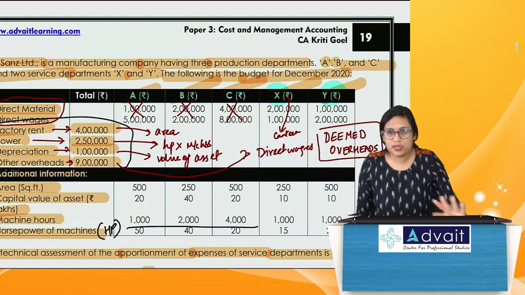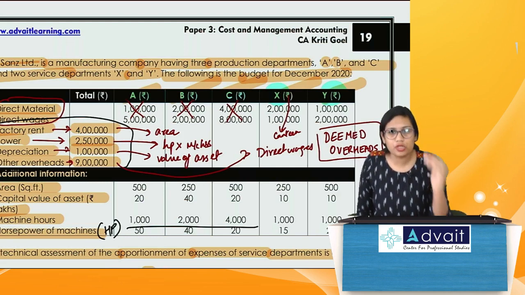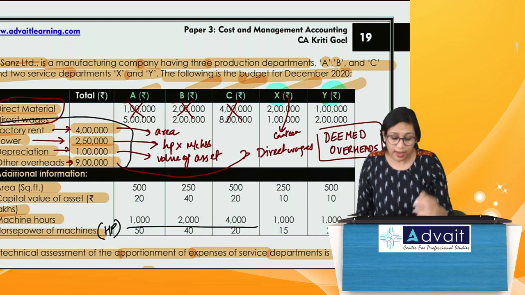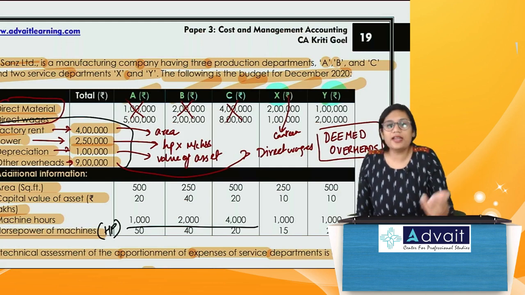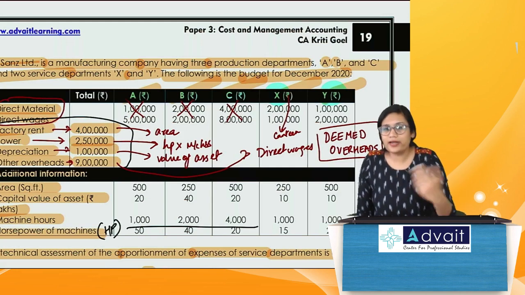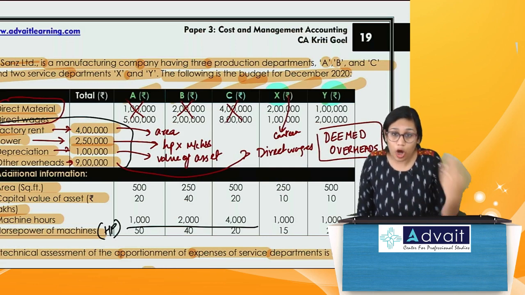Correct? Direct expenses will not be treated in the overheads chapter. The product is passing through A, B, C, and these direct materials and direct wages that I'm incurring in A, B, C are absolutely direct to the product. But X and Y, which are my service departments, are indirect to the product anyways. So whatever is incurred in X and Y will be indirect. It doesn't matter if it is direct material or direct wages or any other expenses incurred in X and Y. To the product it will be indirect.